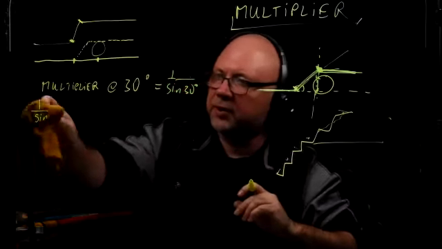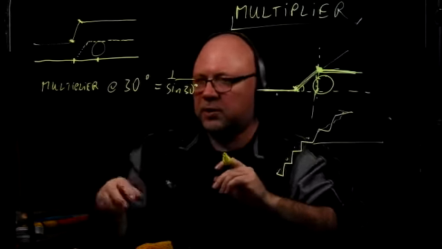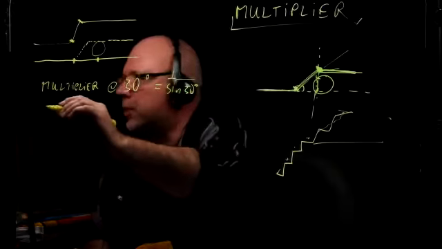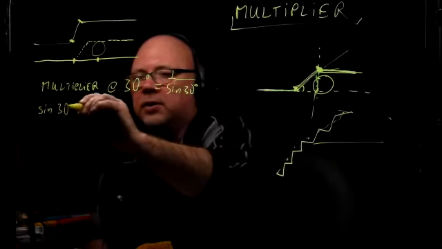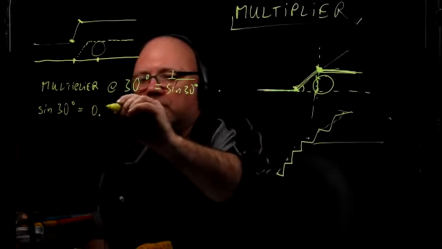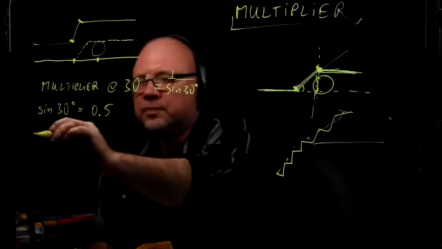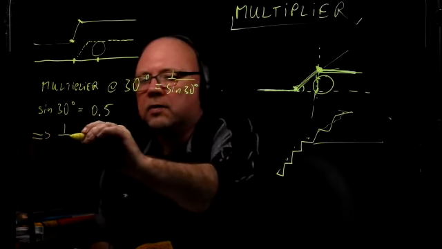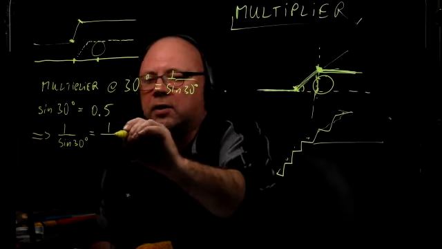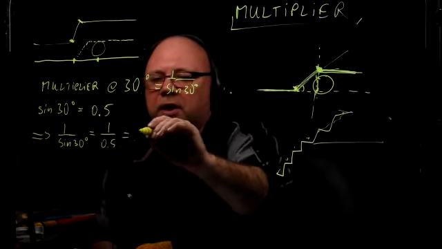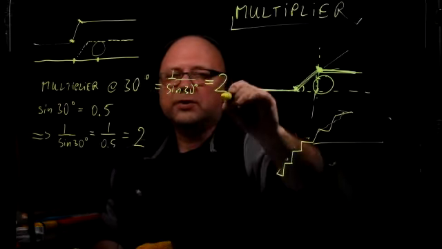So let's say sine of 30, this is what we did. I'm doing this on purpose. I want this thing to settle in you, all right? Settle in. Okay, so sine of 30 degrees equals 0.5. That's what we have determined, right? So 1 over sine of 30 degrees equals 1 over 0.5, which is 2. So the multiplier at 30 degrees is 2.